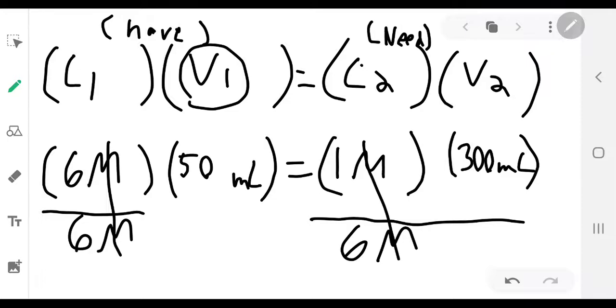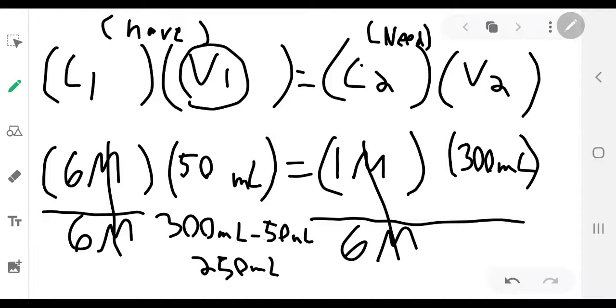Okay, so we take 300 minus 50, and that gives us 250. So 300 mil minus 50 mil is 250 mil of whatever solvent that we're using.